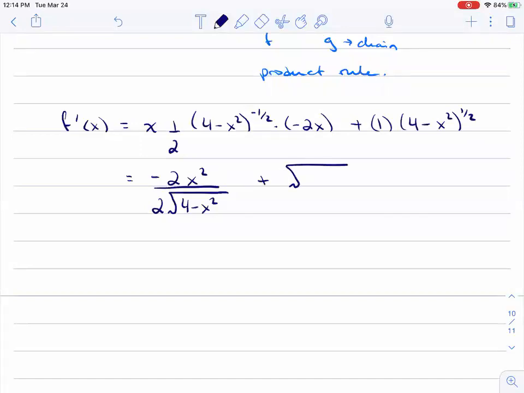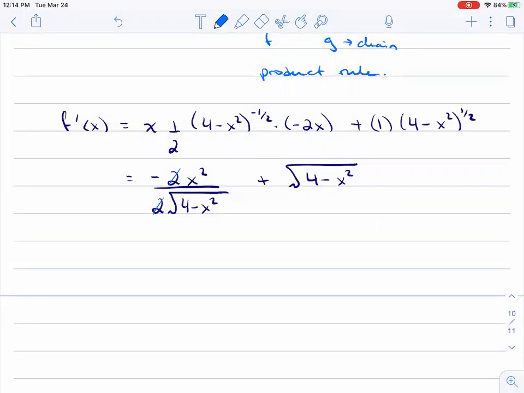Plus the root of 4 minus x squared, because it's easier to look at. First, let's cancel this 2 and 2 so they're not making a mess.